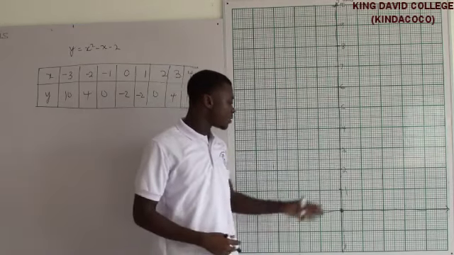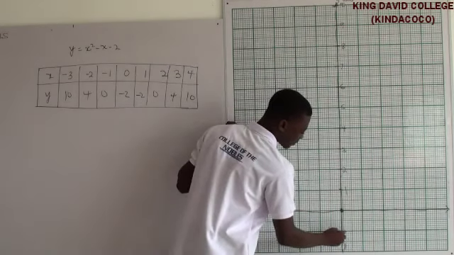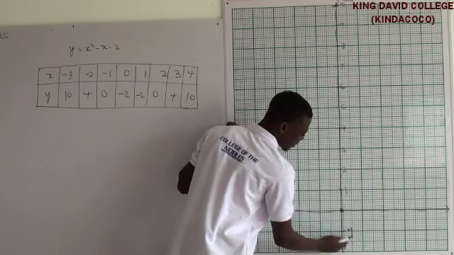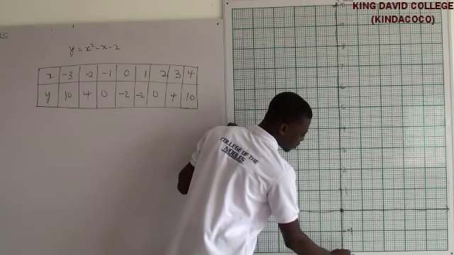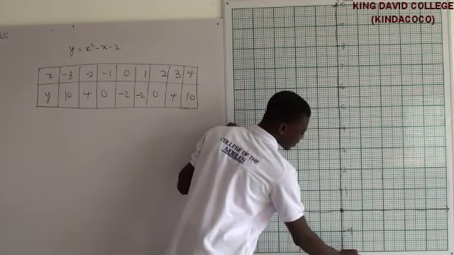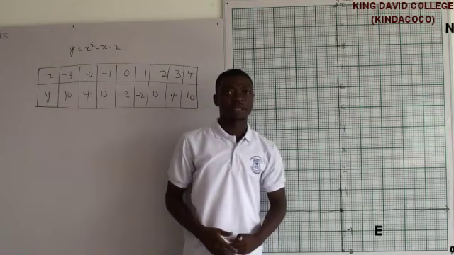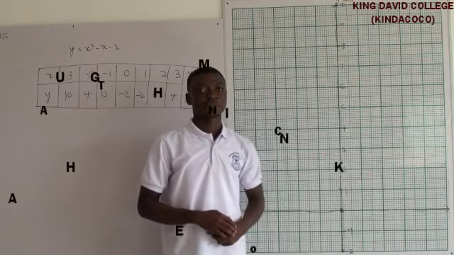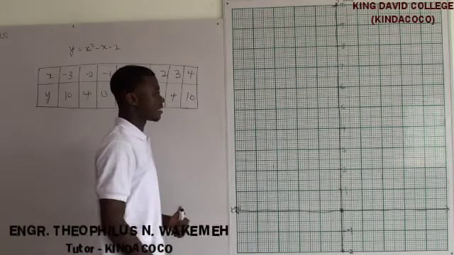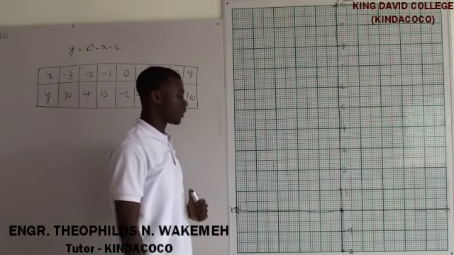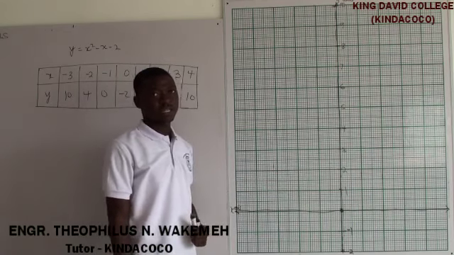Now, I need to do so for my negative as well. So I have -1 over here, and then we have -2 at this place. So the very last line is -2, and then this one is what? -1.